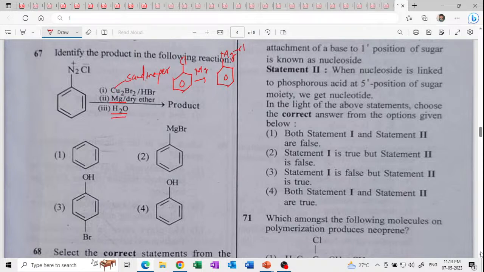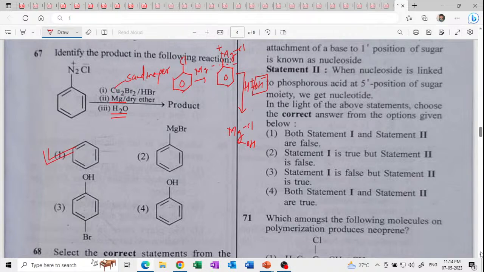And when Grignard reagent reacts with water, HOH, so this is the Mg plus, and this is OH minus. So this bond is broken down and forms benzene directly, and the byproduct is MgCl and OH. The OH minus is removed, and then to form the benzene directly.